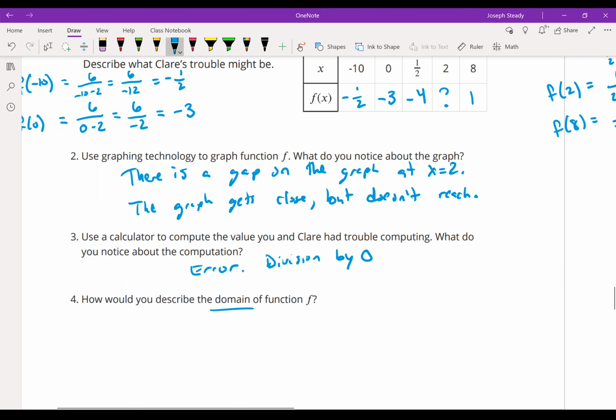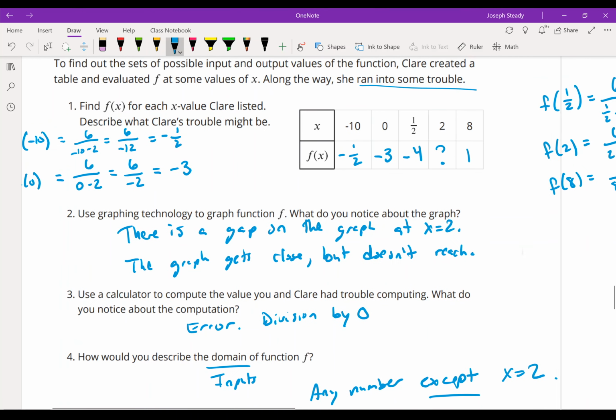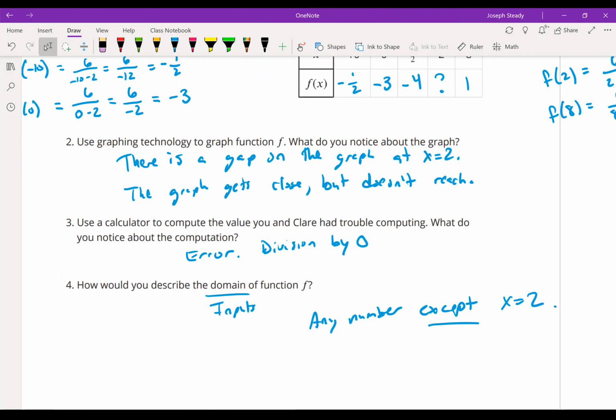So for my domain, which remember is my inputs, it seems like I can use any number except x equals 2. And this happens for some functions. In this case, it was specifically 2, but in other functions, it might be other numbers that give us issues like dividing by 0.